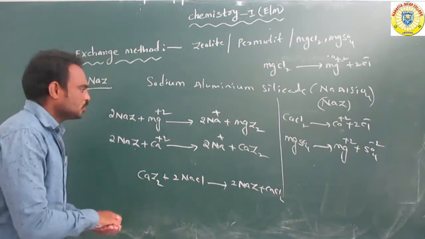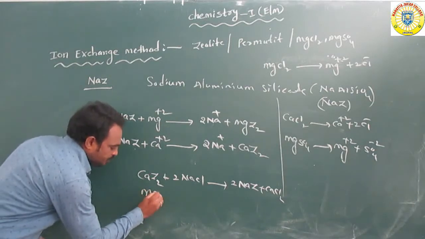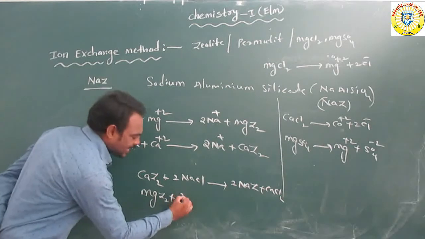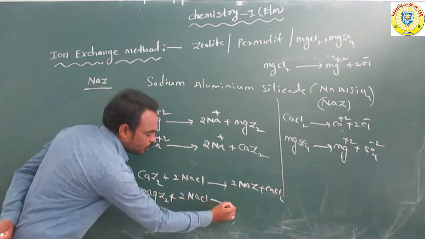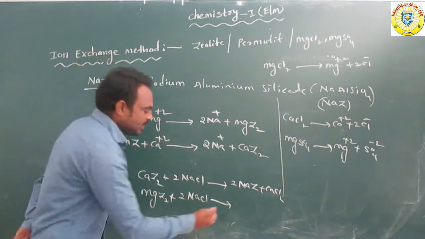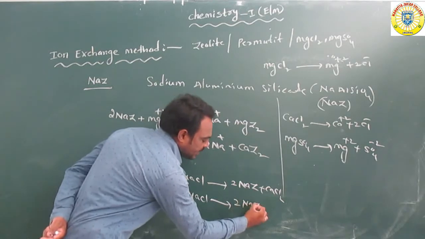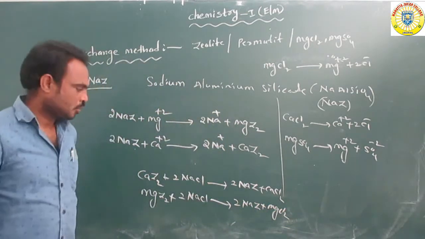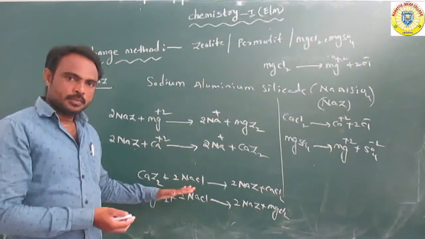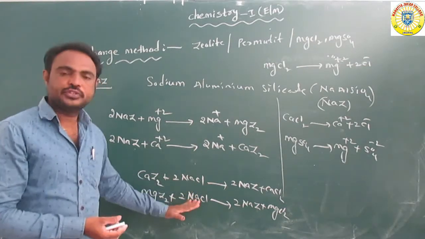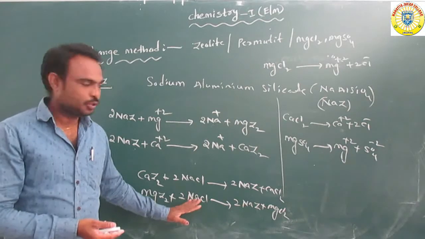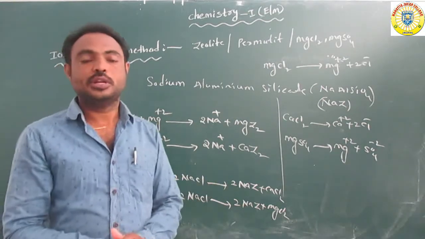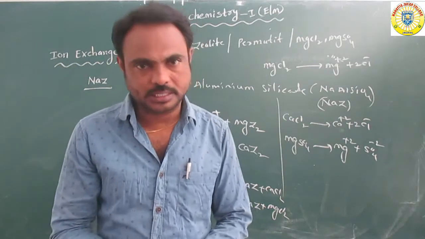Or MgZ2 also reacts with sodium chloride to form 2NaZ and MgCl2. So when we add sodium chloride, we reproduce the sodium permutit or zeolite.